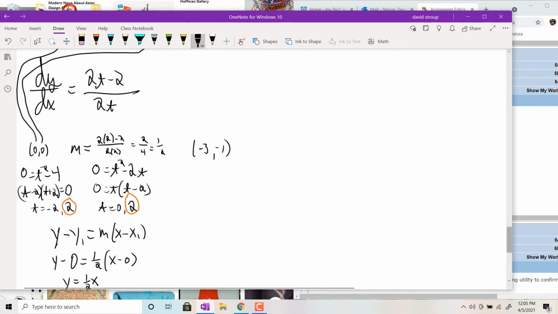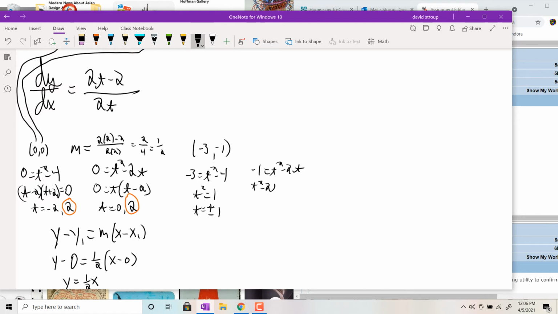Okay, so again, I just let -3 equal t squared minus 4. So t squared will equal 1, so t is plus or minus 1. Then -1 equals t squared minus 2t. So t squared minus 2t plus 1 is 0. t minus 1, t minus 1 again is 0, so t is equal to 1.